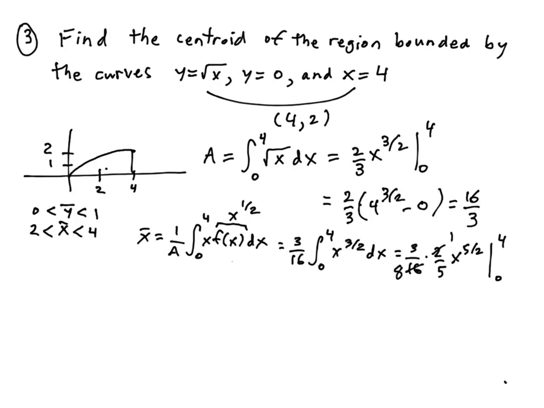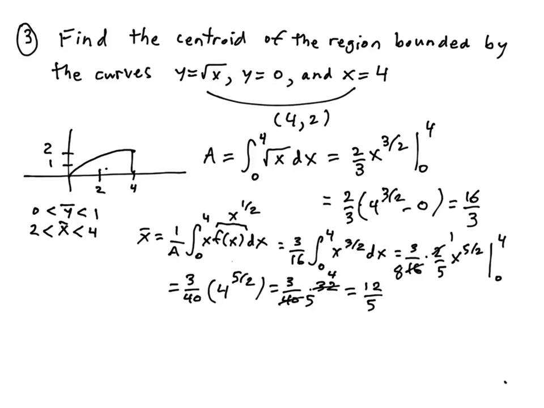So this is going to be 3 over 40 times 4 to the 5/2. 4 to the 5/2 is 2 to the 5th, which is 32. So this is equal to 3 over 40 times 32. If you take out an 8, that's 4 over 5. So you end up with 12 over 5.